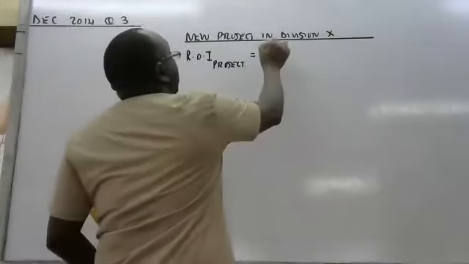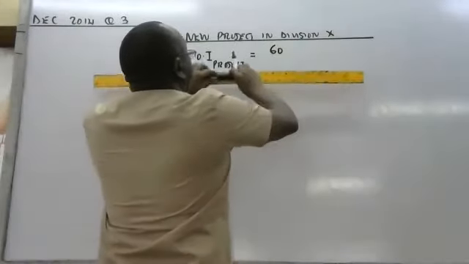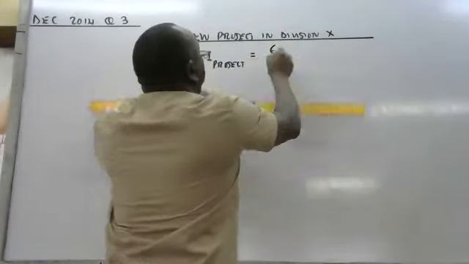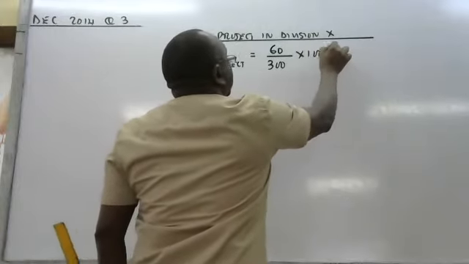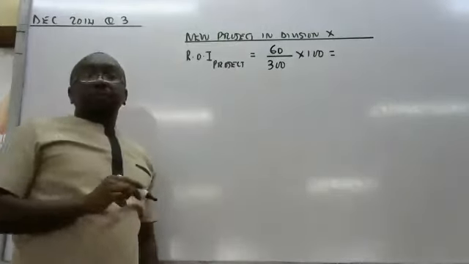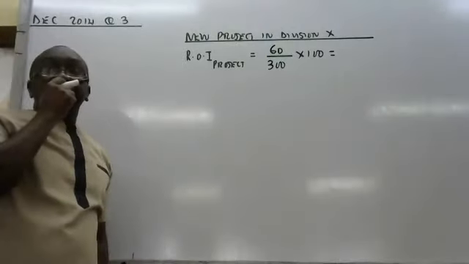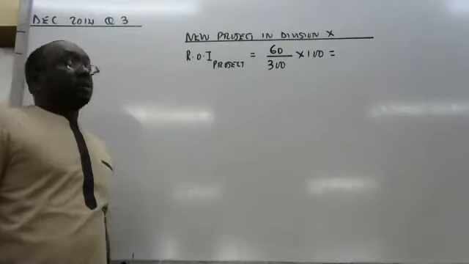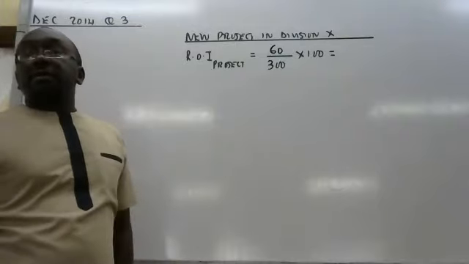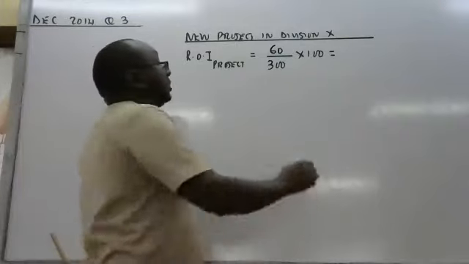Income is 60 and the investment is 300, times 100, which is 20%.